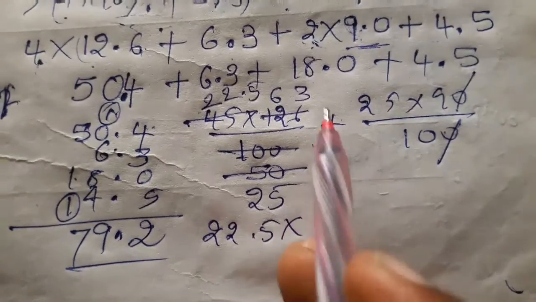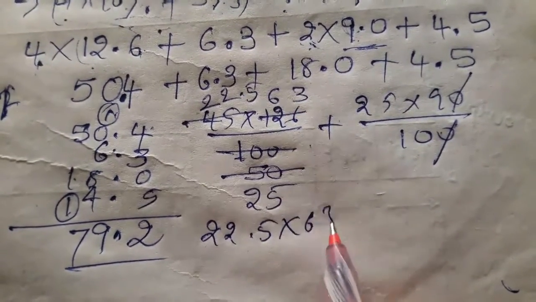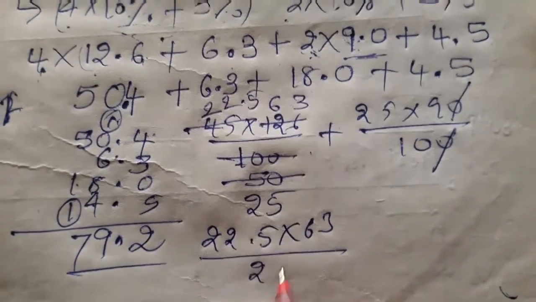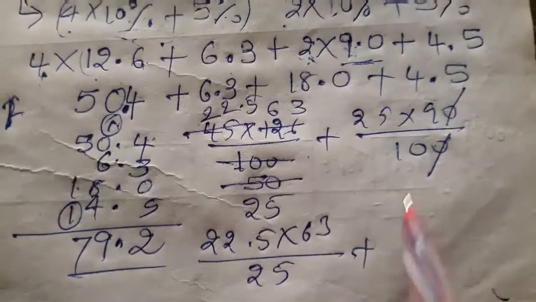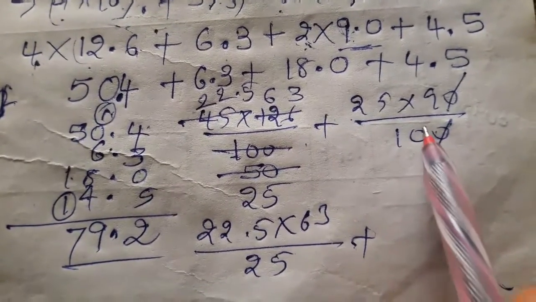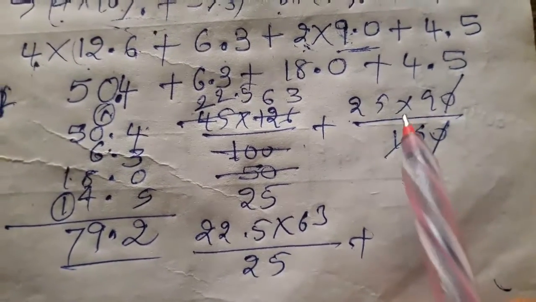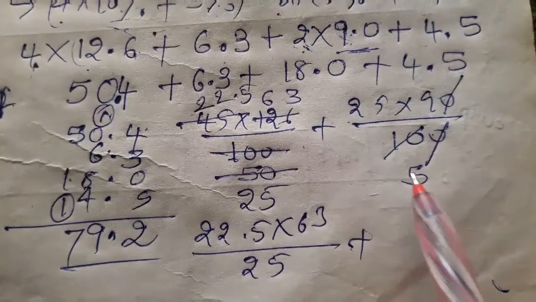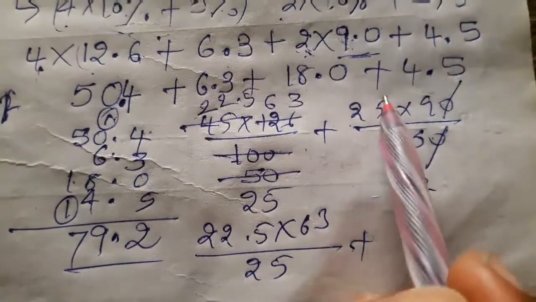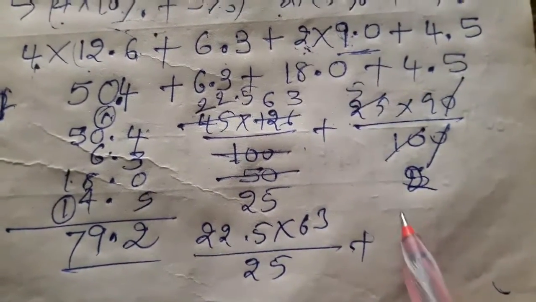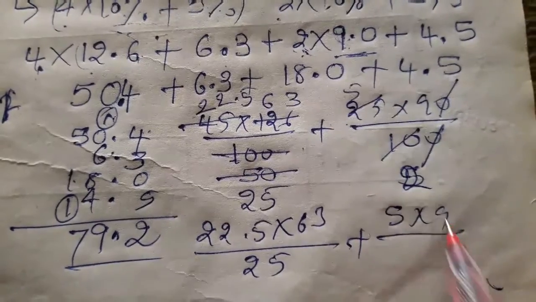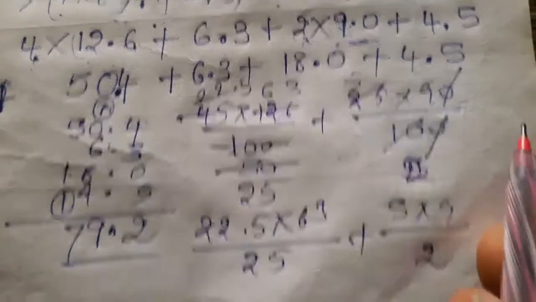22.5 into how much? 63 by 25, and plus this becomes 5 twos are 10, sorry, 5 twos are 10, this means 5 fives are 25, that means 5 into 9 by 2, isn't it?